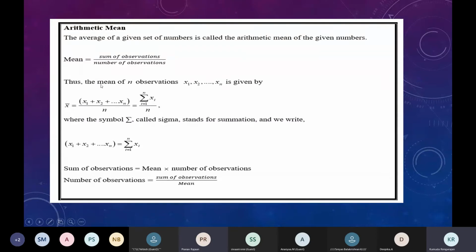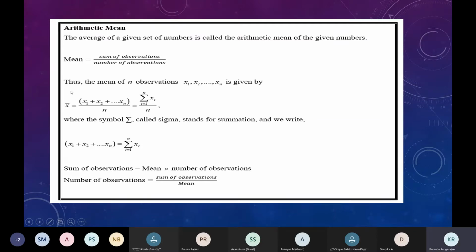So we need to consider the observations. What are the observations? x1, x2, x3 till xn. How many observations? n observations. So thus the mean of n observations x1, x2, x3, x4 till xn is given by x bar.